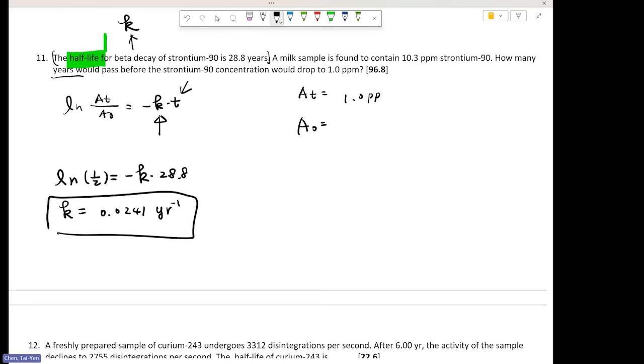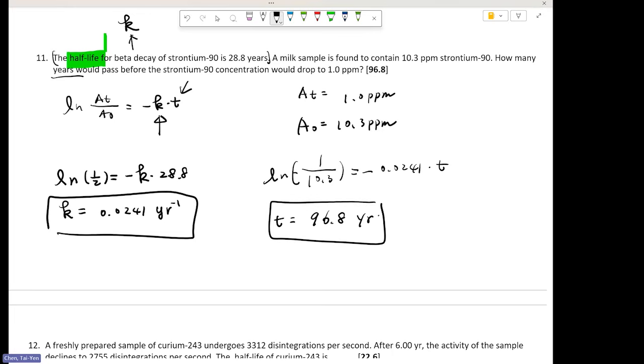You start from 10.3 ppm, so that's your A0. So all you need to do is ln(1/10.3) equals negative 0.0241 times t, and solve for t. When you do that, your t is going to equal 96.8 years.